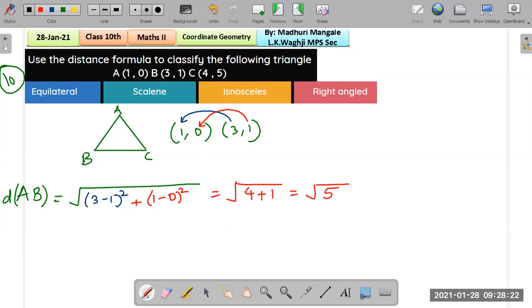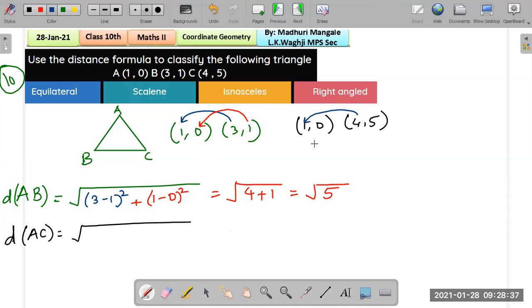Let's check the distance AC. Again, the same formula. What are A and C this time? A is (1, 0). C is (4, 5). The same process: x2 minus x1, that is 4 minus 1 the whole squared, plus y2 minus y1, that is 5 minus 0 the whole squared.